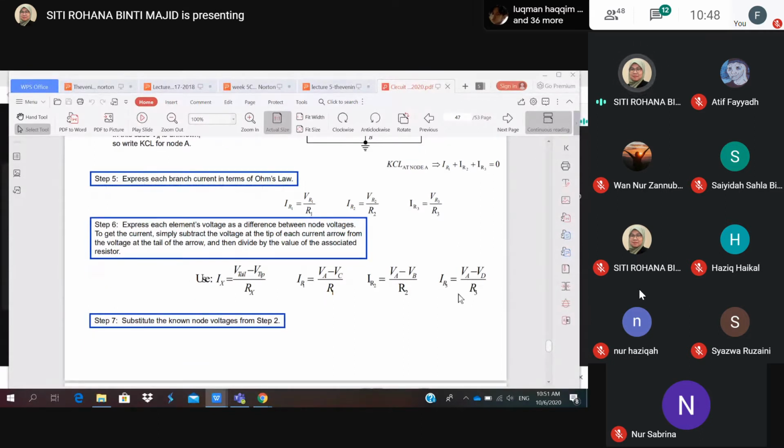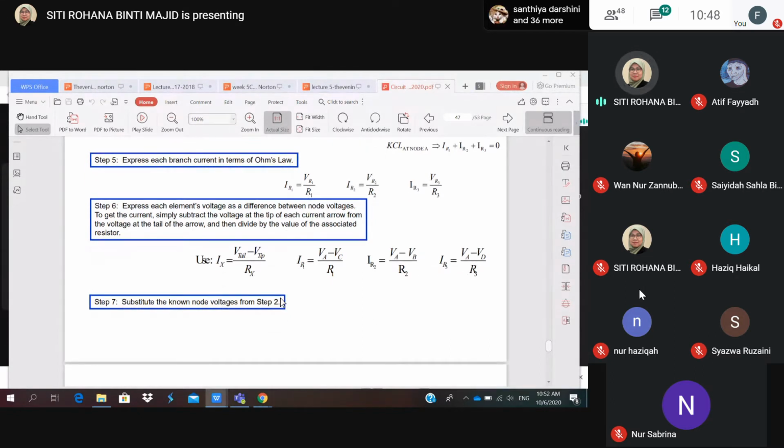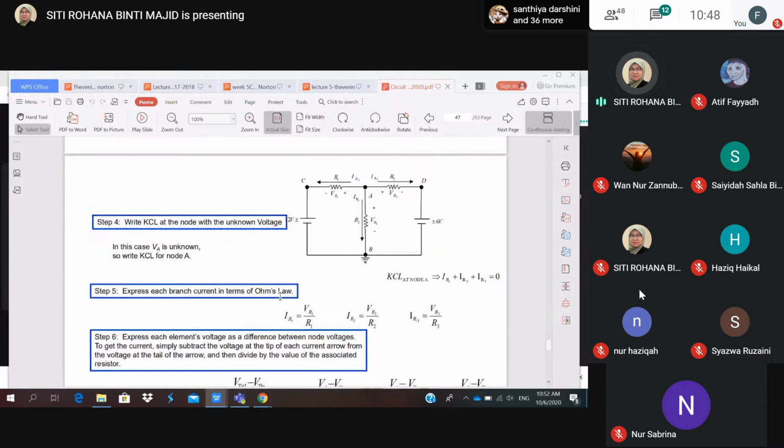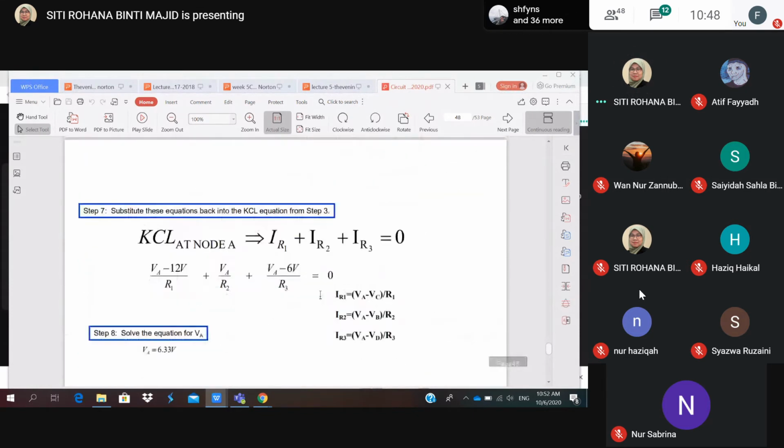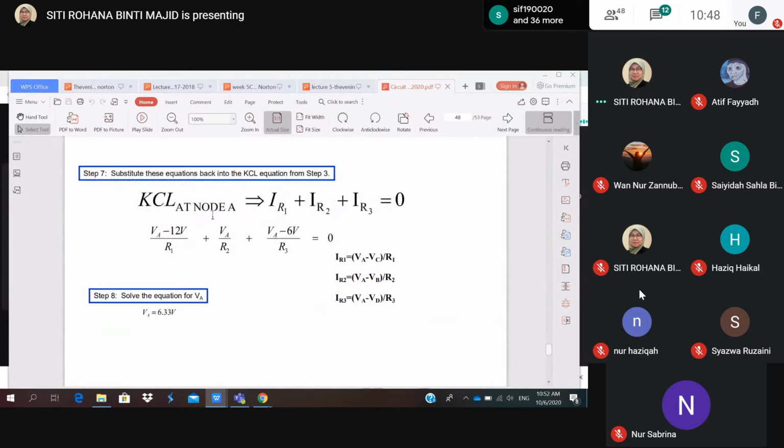Once you already know how to define the voltage difference over the resistor, then you can go to step 2, in which you can find each value using the equation. Because we already know the KCL at node A will be I1 plus I2 plus I3, and then you define the voltage difference for each I, and then you will get the value of each.